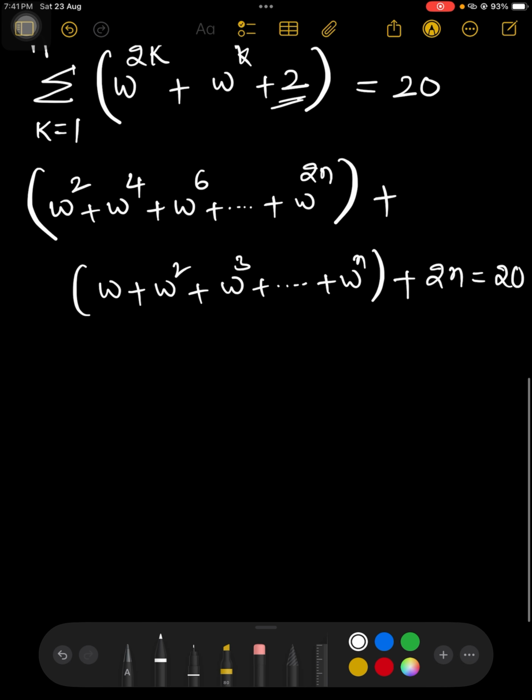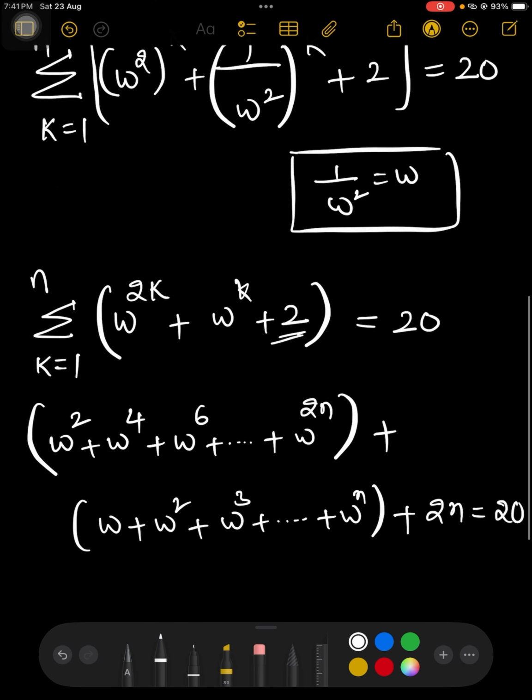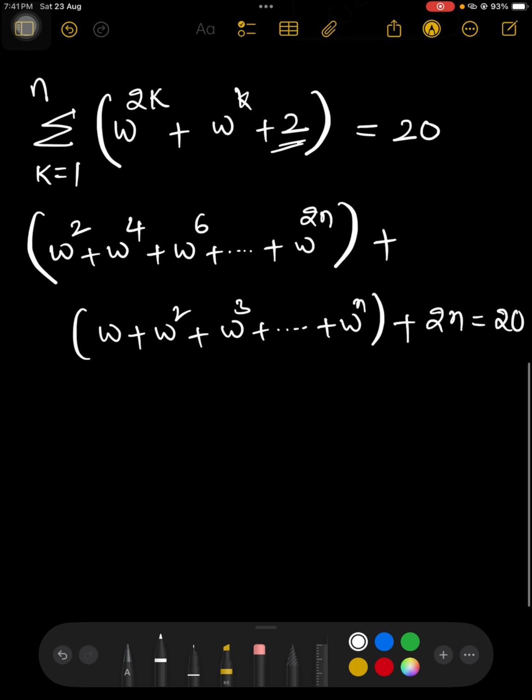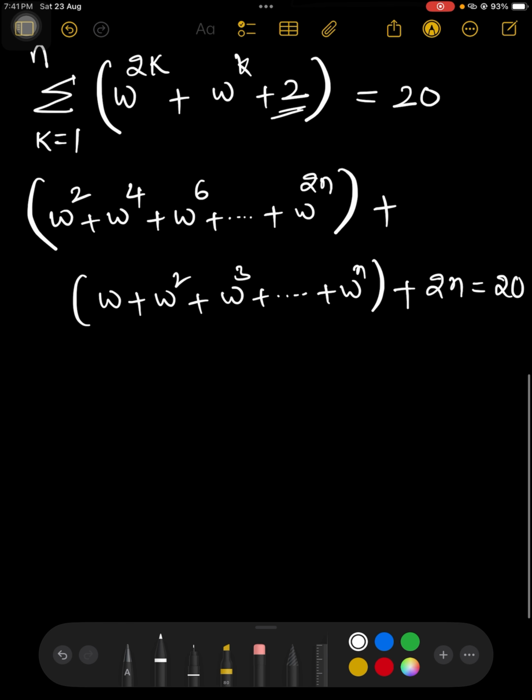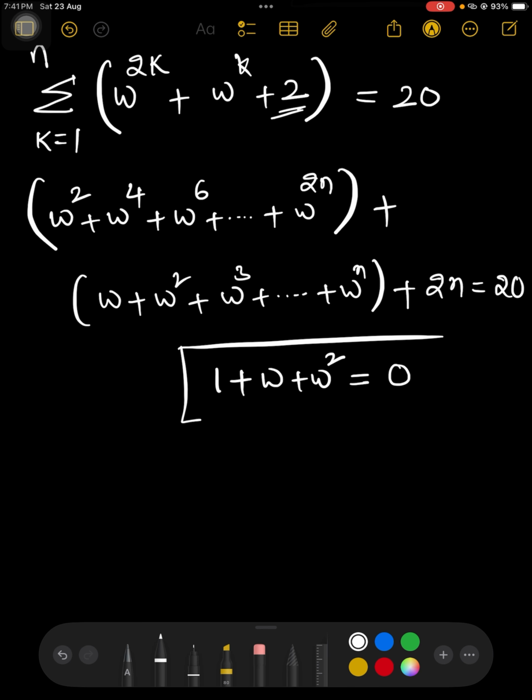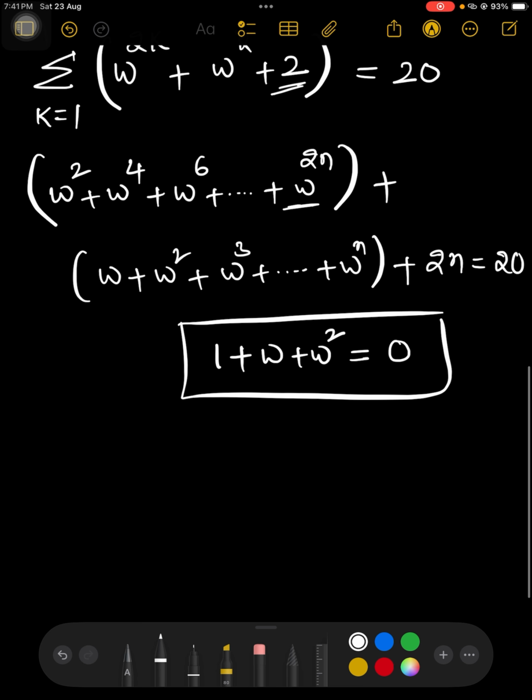Right. Now, the value of n is unknown, but we know the condition of cube roots of unity, that is 1 plus omega plus omega square is equal to 0. So we know this condition, and in this question we don't know the value of n, but if it is a triad, then we can make it equal to 0.